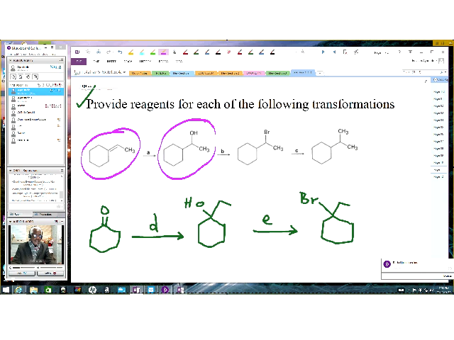Okay, what exactly is happening going from this alkene here to this secondary alcohol? What type of reaction is this? Okay, that is hydration.